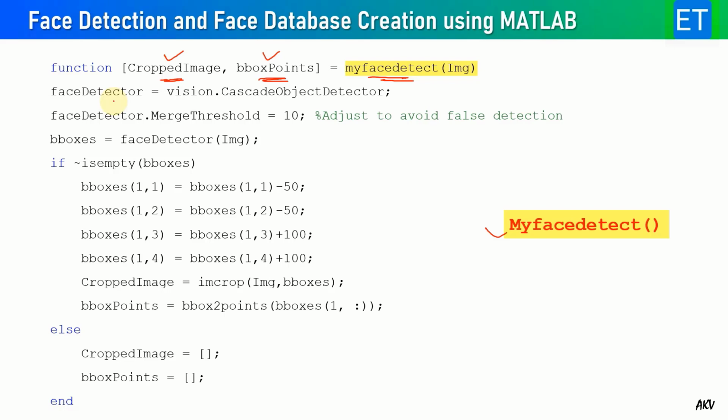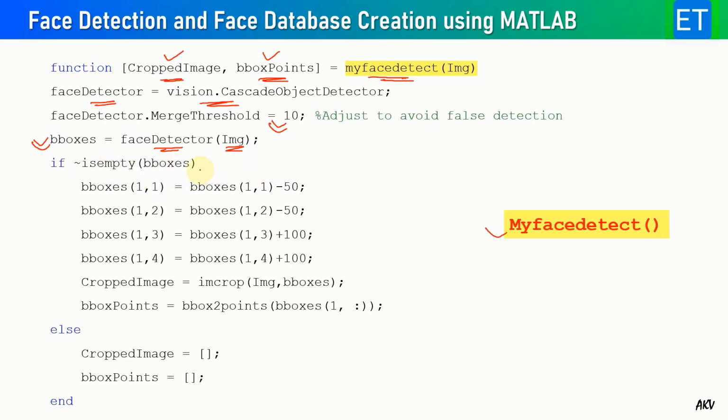I made a single function that is used in both programs. Inside this function I have created a cascade object detector named face detector, and then I set the threshold, which I have already explained. When I pass the image to this face detector, I get bounding boxes as the output.